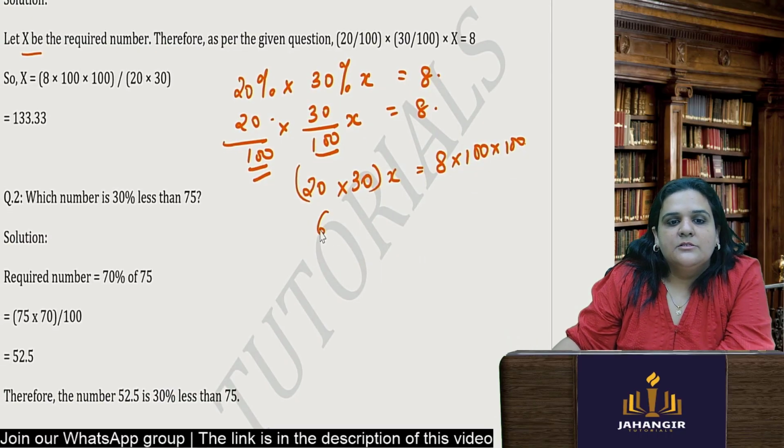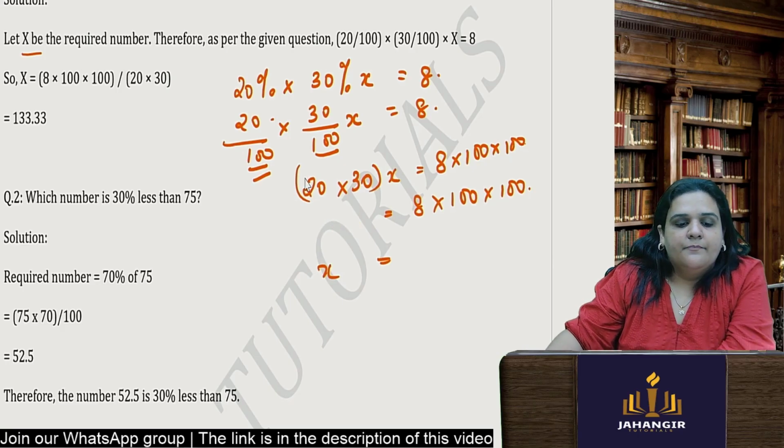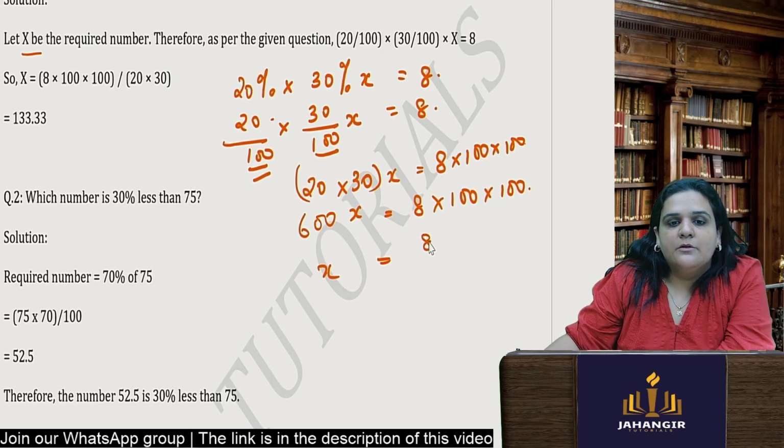So this is going to become 60x, 8 into 100 into 100. So x will be equal, no sorry, not 60x, 600x. 20 into 30 is going to be 600x. So x will be 8 into 100 into 100 upon 600.